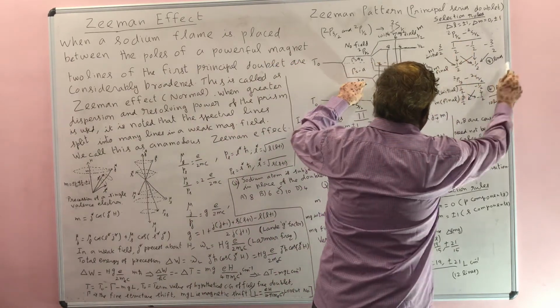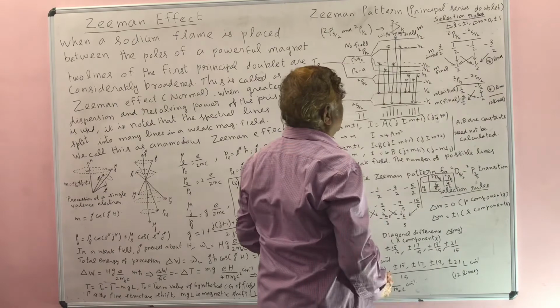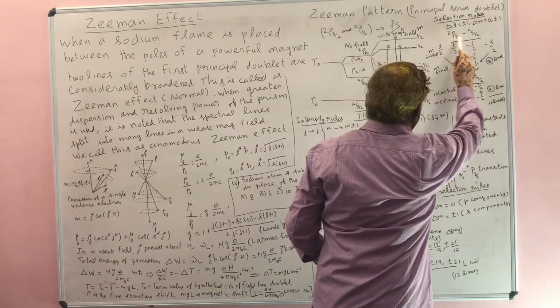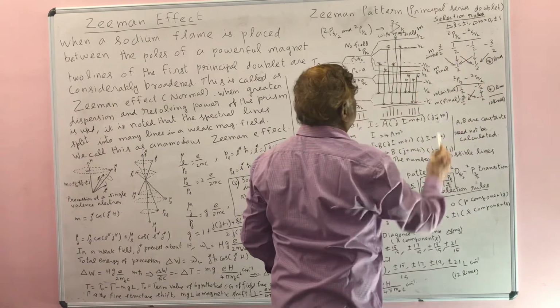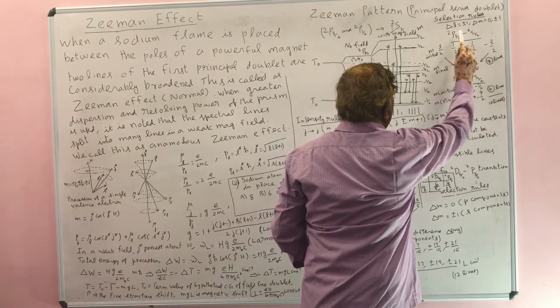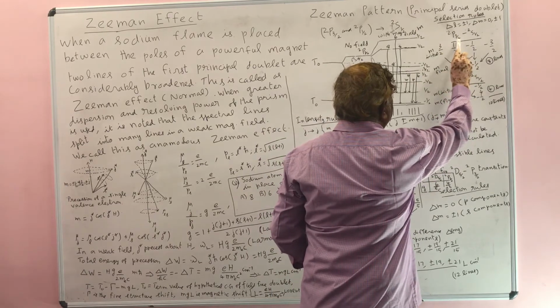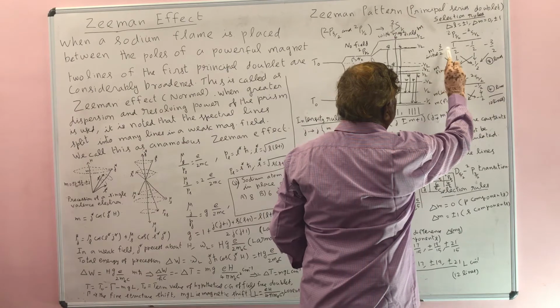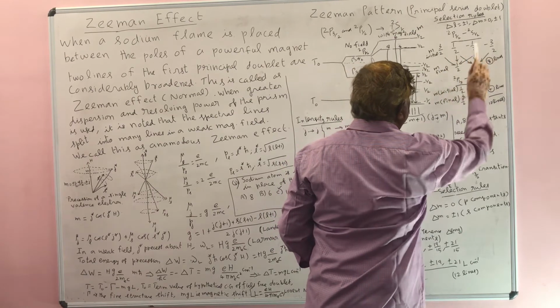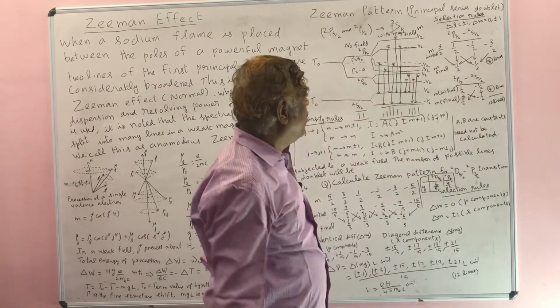Here is a method to find the number of lines easily. For the 2p 3/2 to 2s 1/2 transition, J is equal to 3/2, so M values are 3/2, 1/2, minus 1/2, minus 3/2. You write them in a row.